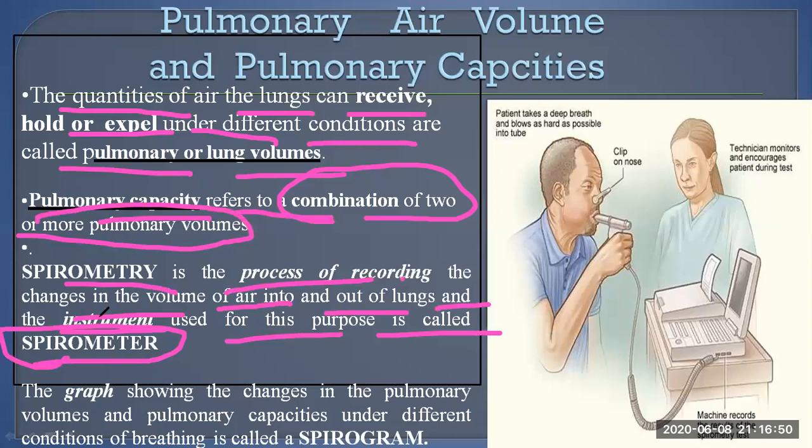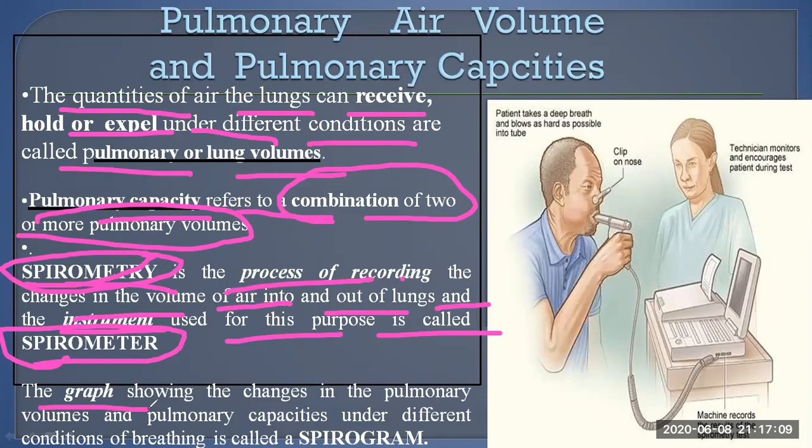With the spirometer we generally record how much volume of air enters your lungs, and how much air comes outside the lungs. So this is generally measured by the spirometer, and recorded on the spirometry.